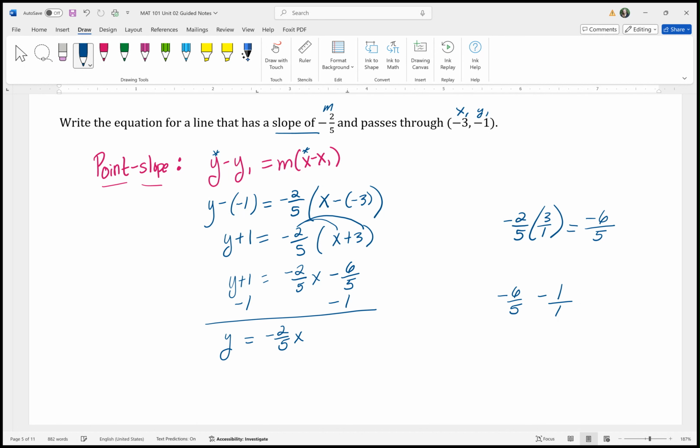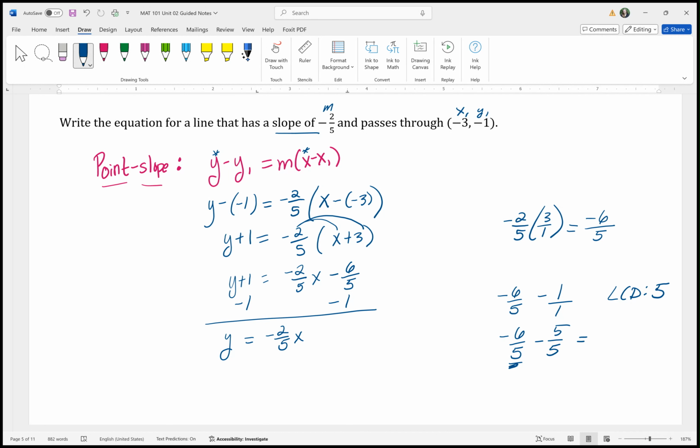This is 1/1, and -6/5. We need an LCD of 5. So we've got 5 and 1. We've talked about this previously on how to do that. So we want an LCD to have this 5 there. That means that this 1/1 needs to be 5/5. And then how do you subtract fractions?